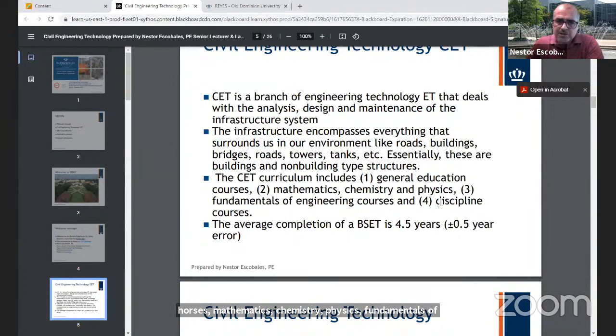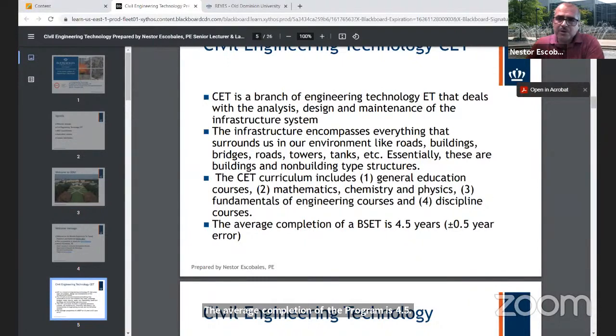The discipline courses are essentially the ones that are going to teach you how to analyze and design all of the infrastructure type structures.